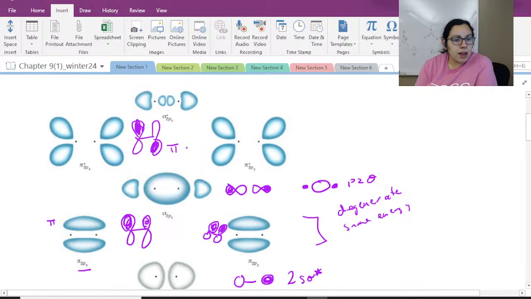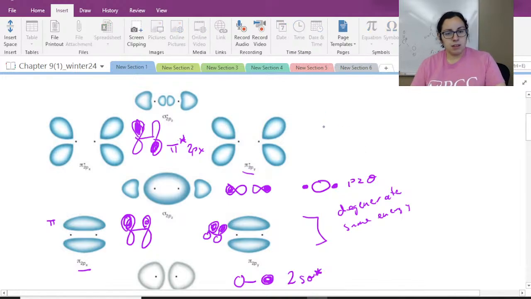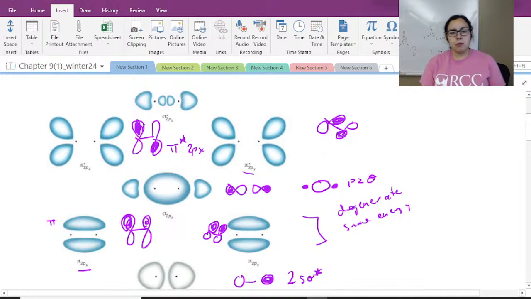There's our pi anti-bonding to px, and this we're calling py. If you want to note, these two are related, you can appreciate that.